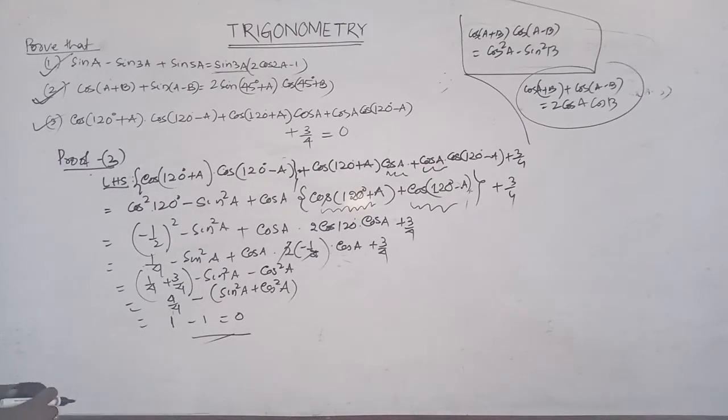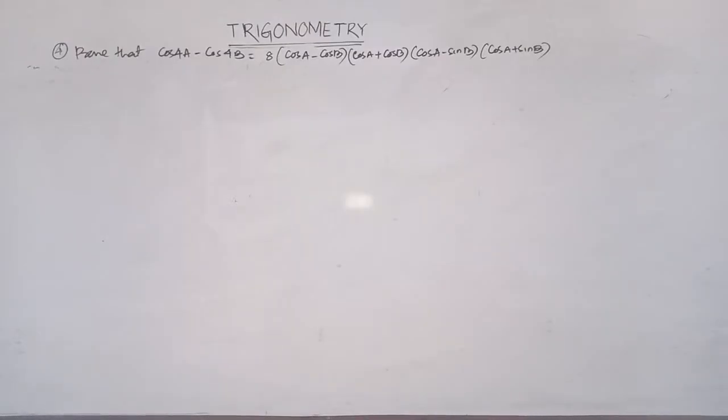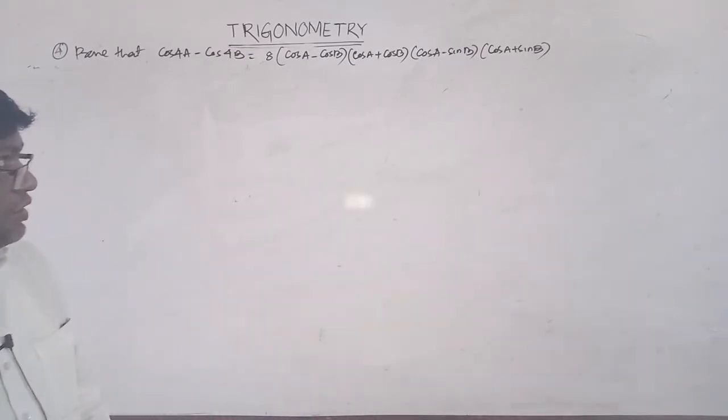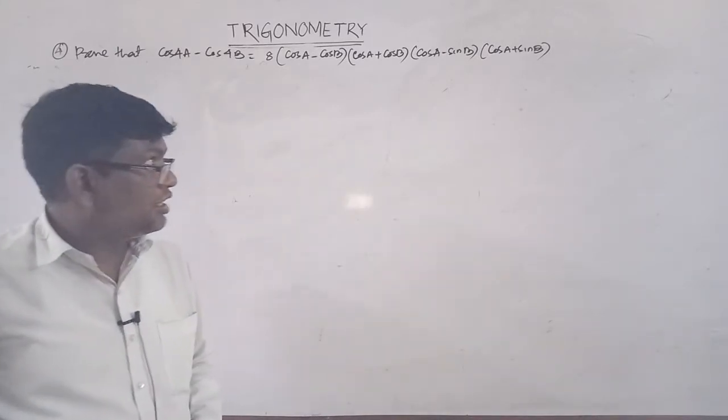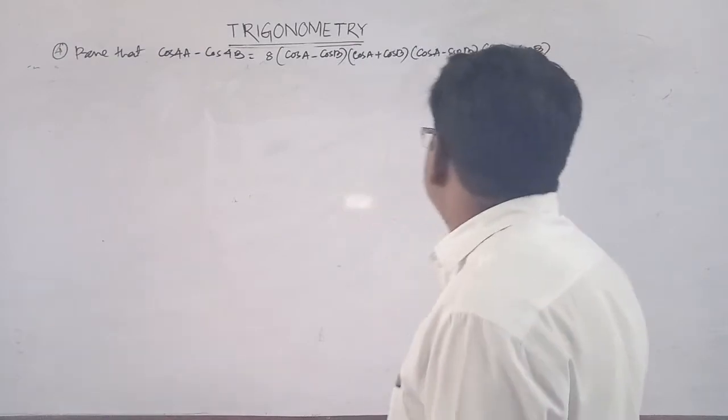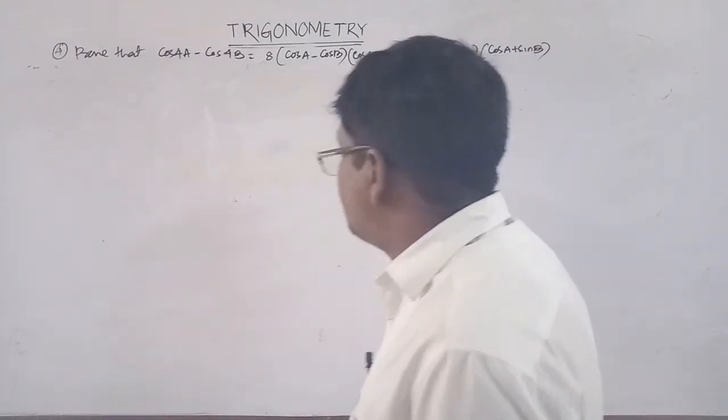Now other questions. Prove that cos 4A minus cos 4B is equal to 8 into (cos A minus cos B), (cos A plus cos B), (cos A minus sin B), (cos A plus sin B). This is the question. So it is easy if we take the right hand side.